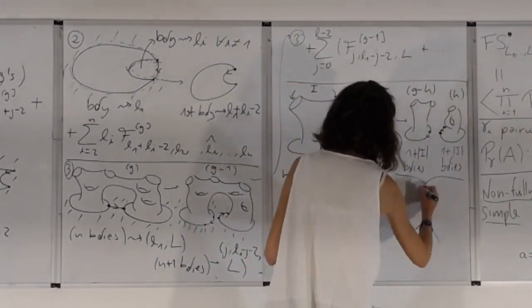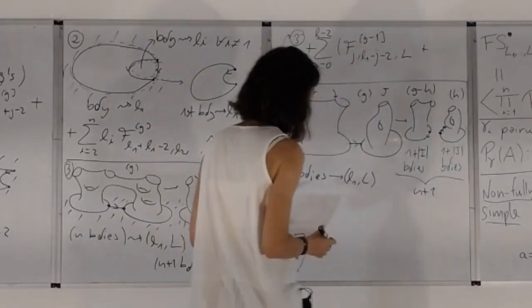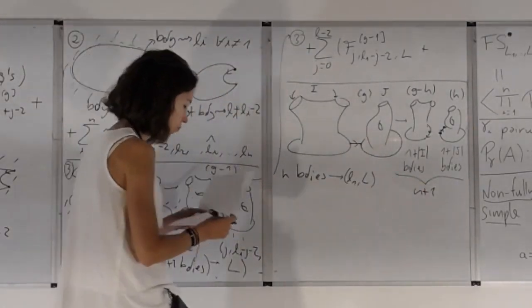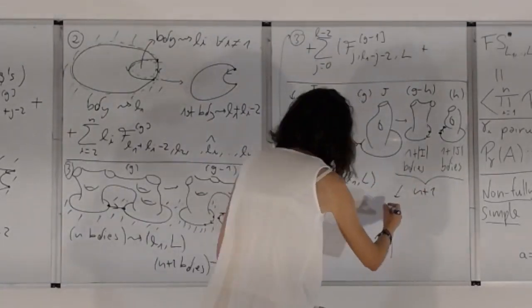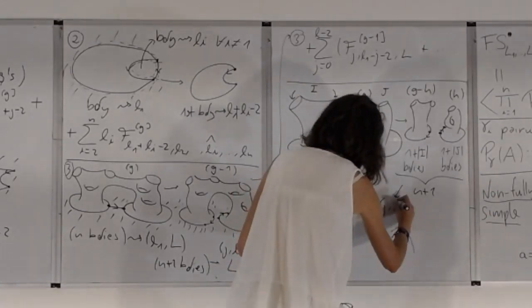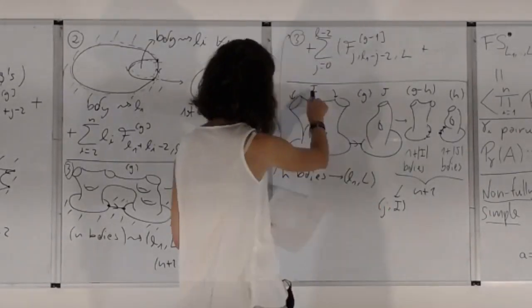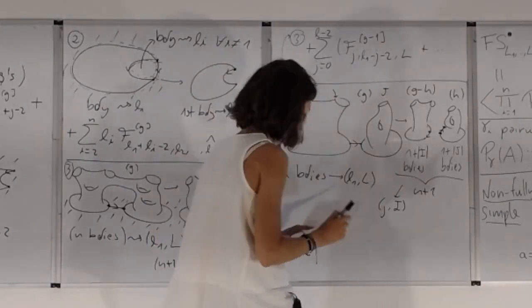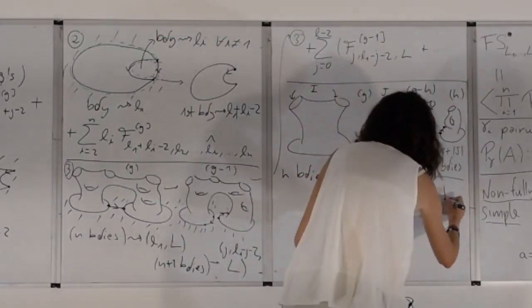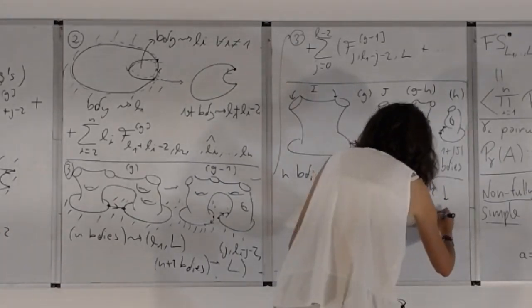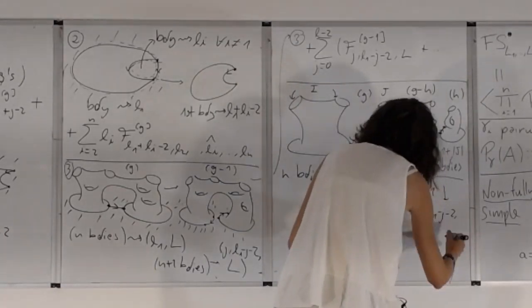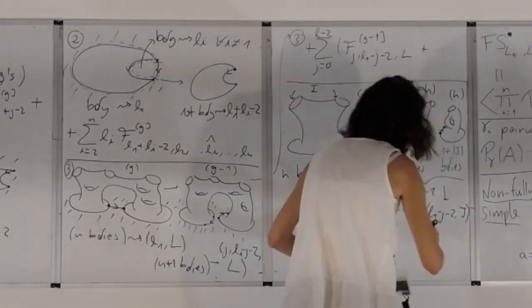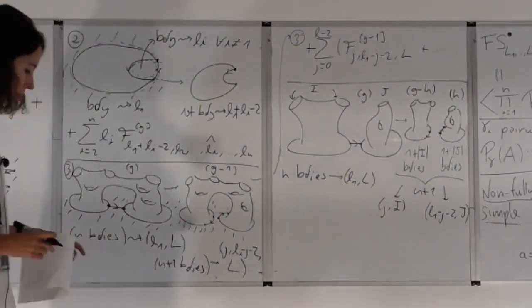So in total, we will have n plus 1 boundaries. And these boundaries have lengths j and the tuple I. So I is the tuple of the lengths of these boundaries. And here we will have lengths L1 minus j minus 2 and the tuple J.